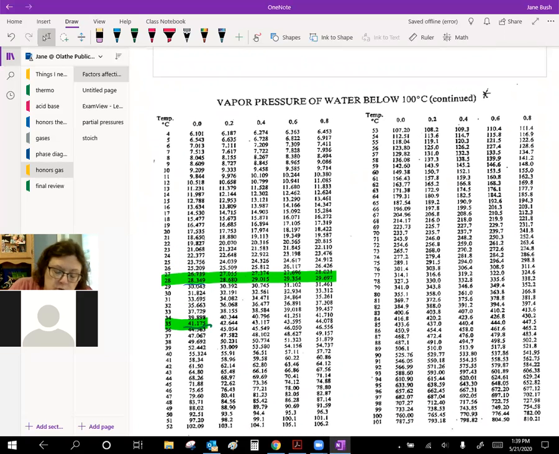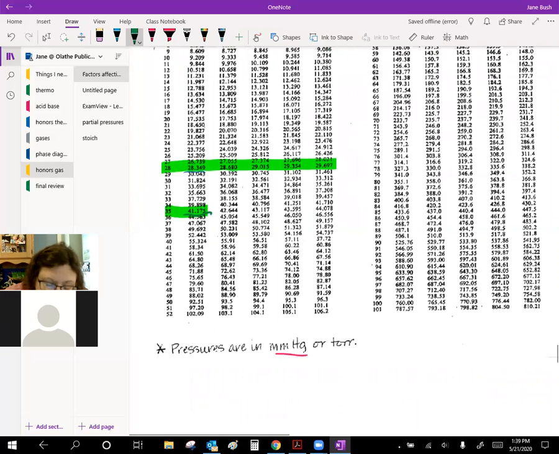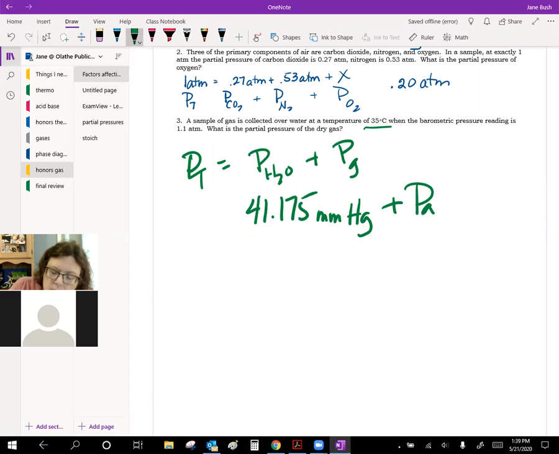So we know that the total pressure is equal to the pressure of the water plus the pressure of the gas. And we know that the total pressure, the atmospheric pressure outside, is 1.1 atmospheres.